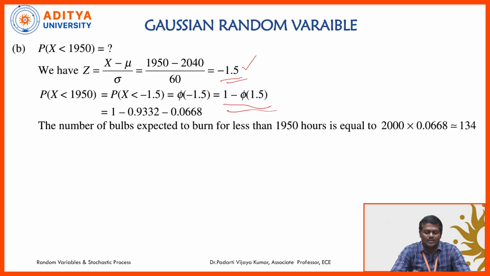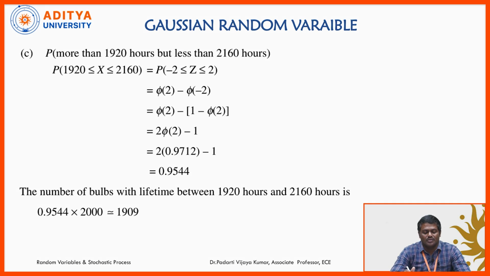We will get the value 0.00668. So, the number of bulbs expected to burn less than 1950 hours is 2000 times this value. We will get 134 bulbs. 134 bulbs may burn if the time is less than 1950.